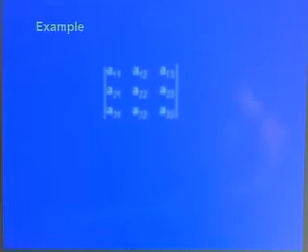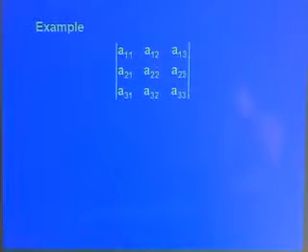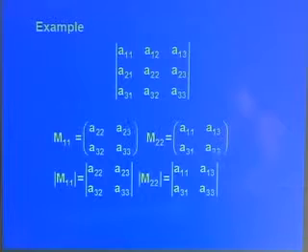For example, if I have this 3 by 3 matrix, then if we denote the determinant by M11, it is obtained as the determinant of this 2 by 2 square submatrix, while M22 is the minor of this element, and this submatrix is obtained by deleting this row and this column, and what we have is this minor.